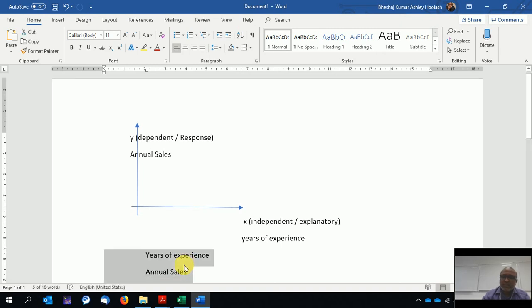I'm going to delete this, right? So it is important to some extent. You need to get this right, but I can give you another clue. Whenever you have one of the two variables being time or space, then it always goes on the x-axis or the horizontal axis. So time is always the independent variable.